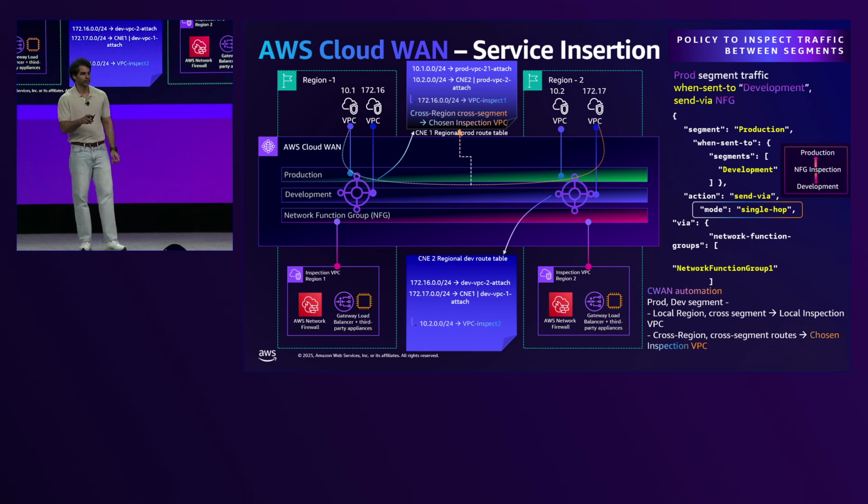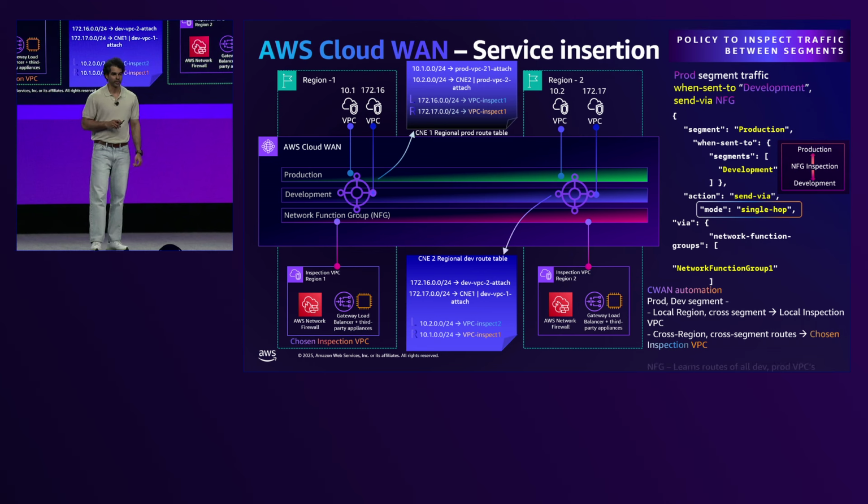So what Cloud WAN does is, for symmetry, it chooses one inspection VPC and says, okay, this is going to be the single hop inspection VPC, right? Now, again, it makes that decision based on a predetermined rule. It's well documented in our documentation. I'm not going to go into those details today. But there's one inspection VPC which gets chosen. And you can see I have chosen my inspection VPC here.